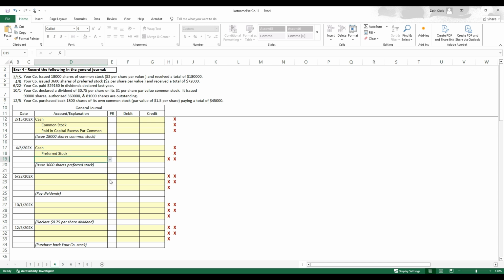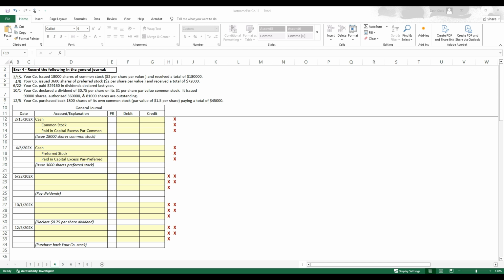Preferred stock, and just to touch briefly on what is preferred stock versus common stock. They're essentially different types of stock.